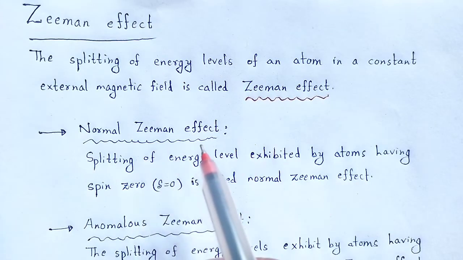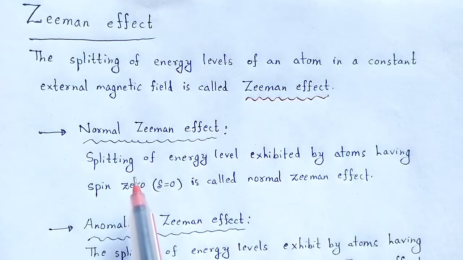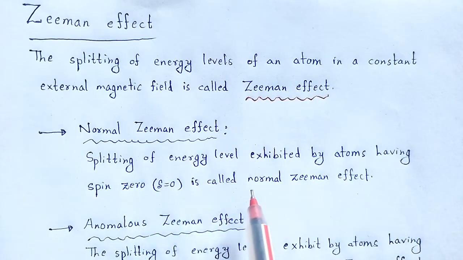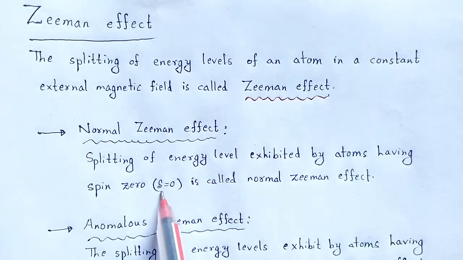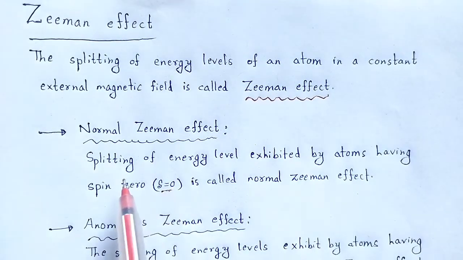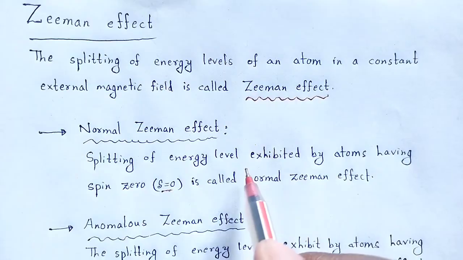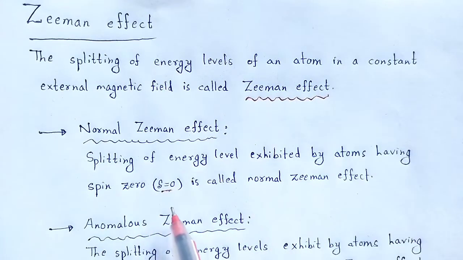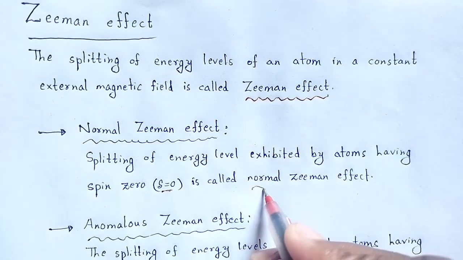What is the normal Zeeman effect? The splitting of energy levels exhibited by atoms having spin 0 is called the normal Zeeman effect.